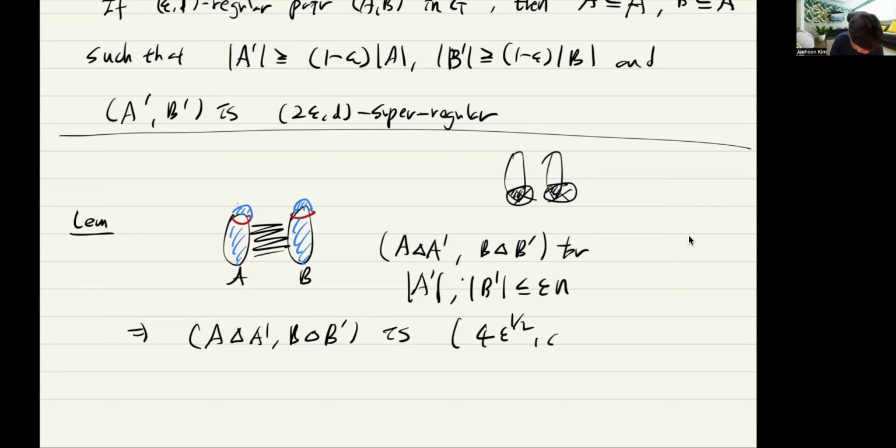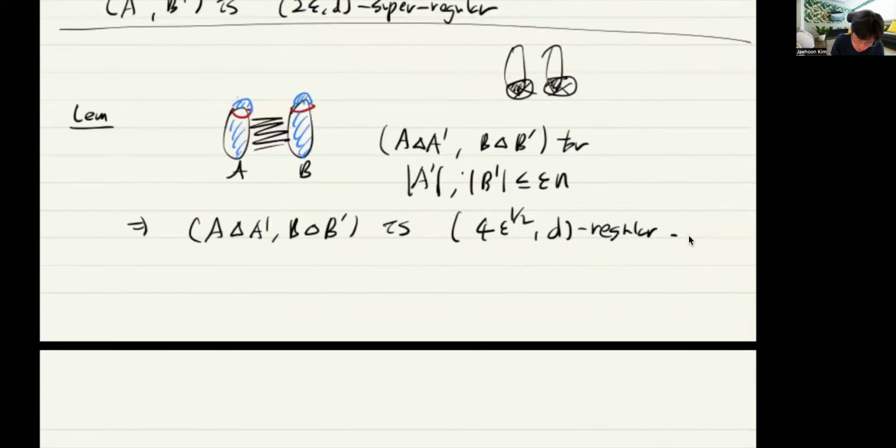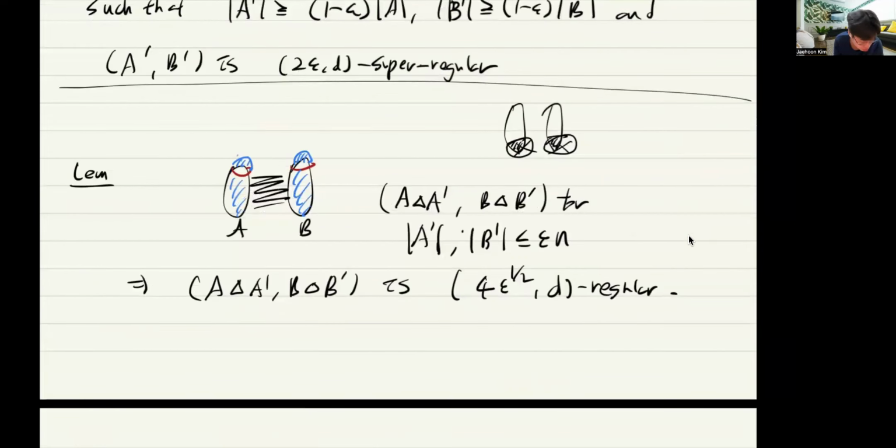So we can freely delete or add vertices while not ruining the epsilon regularity too much. And in order to make this super regular, you additionally make sure that the degree conditions are satisfied.